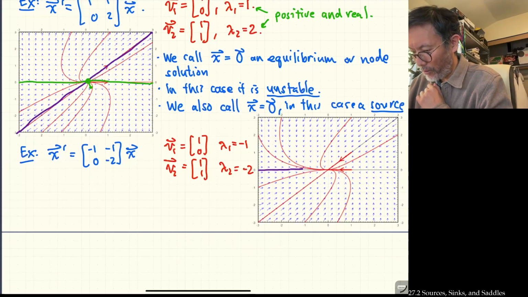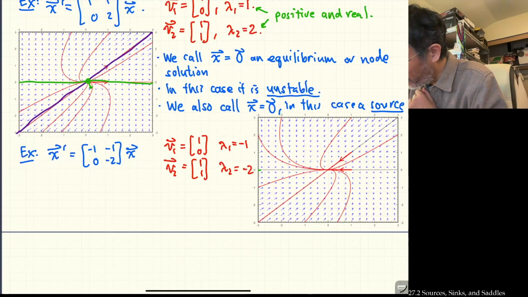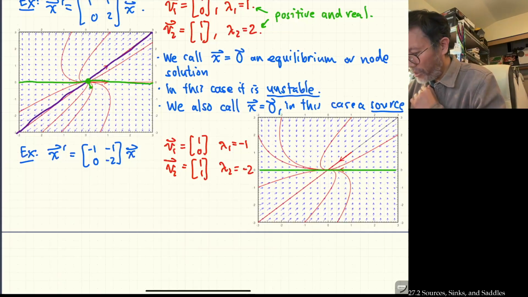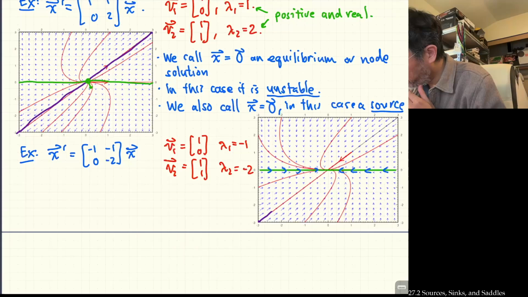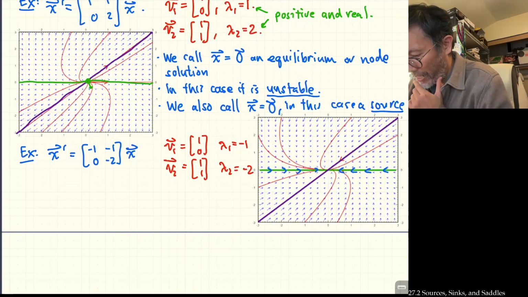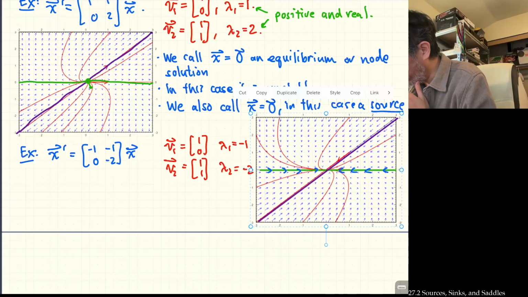Maybe I'll do this in green like I did above in the other picture. There's 1, 0. And you can see now the vector field points in along this guy here. And where is 1, 1? It's right here. And now we can see that the vector field also points in.